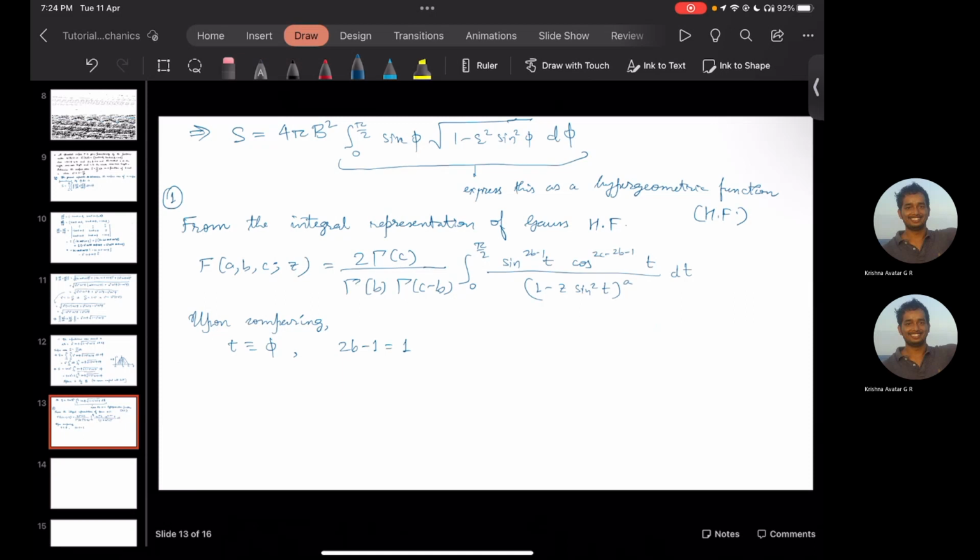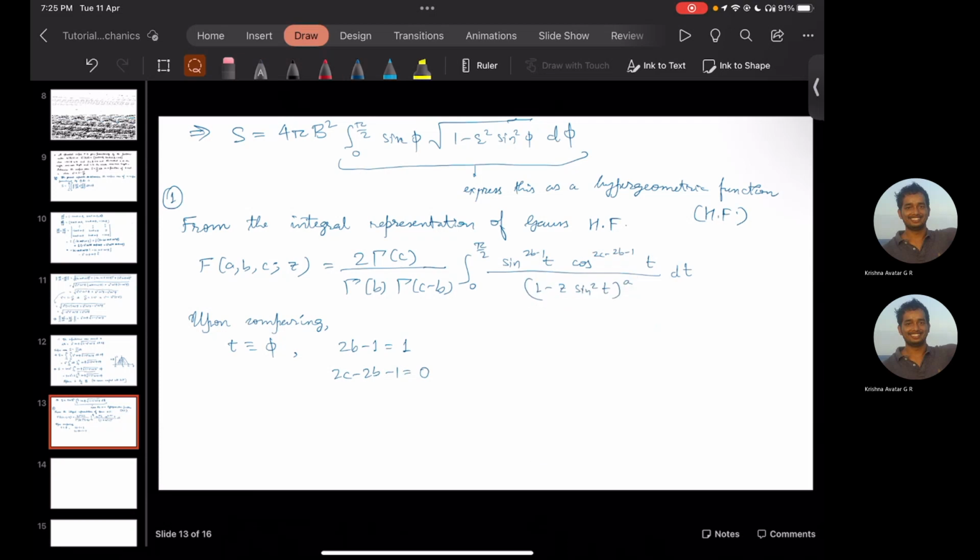Okay. And then we see that in this integrand there is no cosine term, but we have a cosine term outside of that square root. So we'll have to match its power to 0. So 2c minus 2b minus 1 is equal to 0. And when you take a look at the square root term, it's 1 minus epsilon squared sine square phi to the power half.